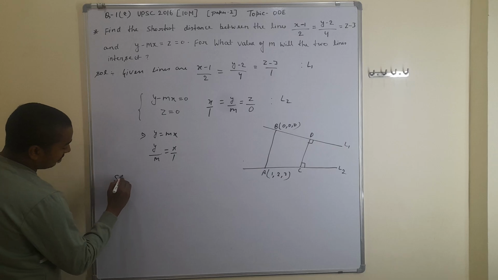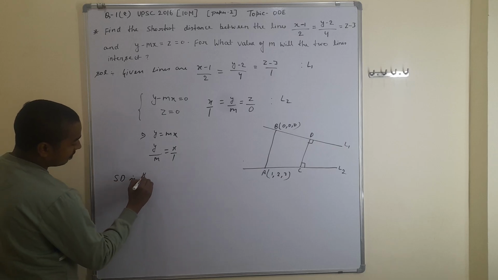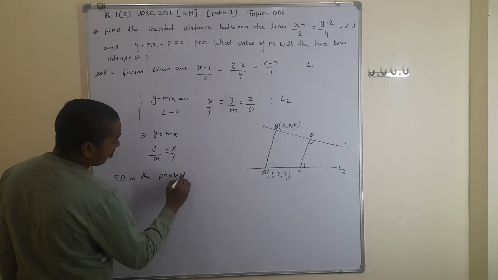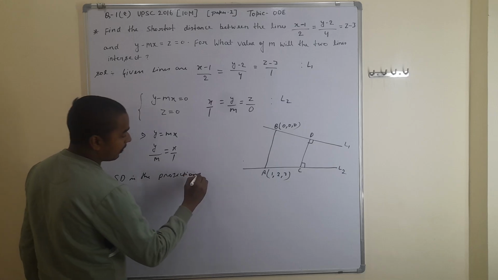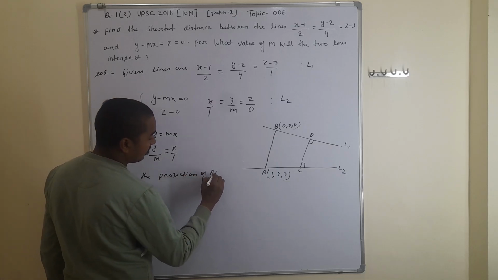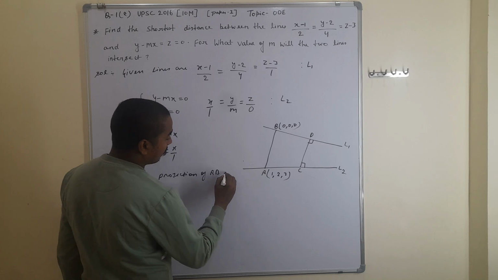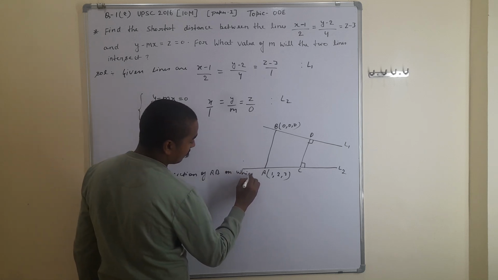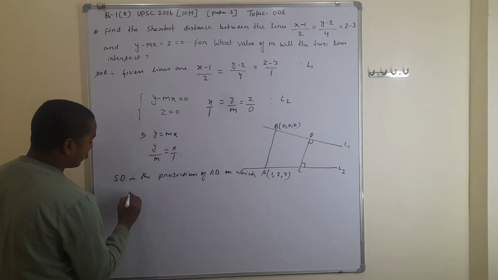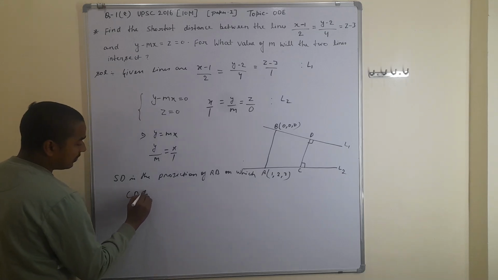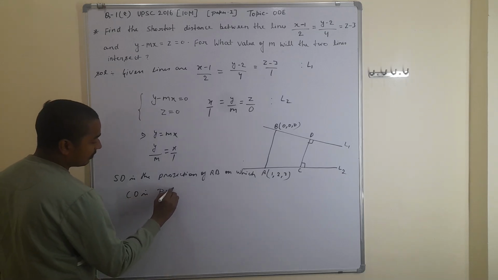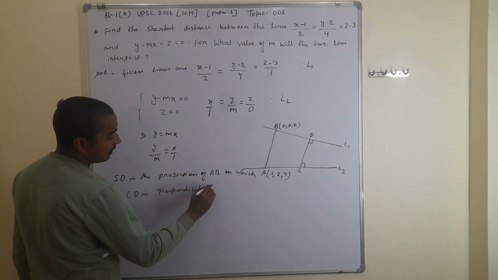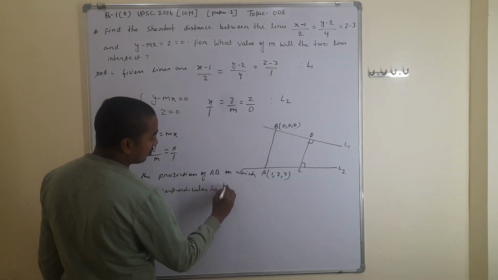Shortest distance is the projection of AB on CD, which is perpendicular to both the lines.